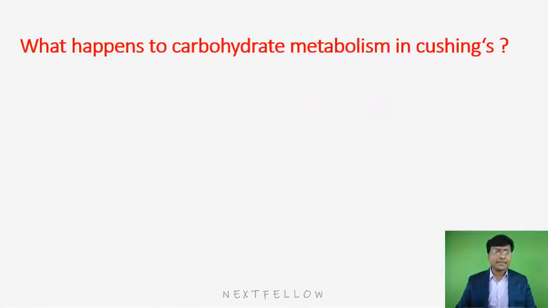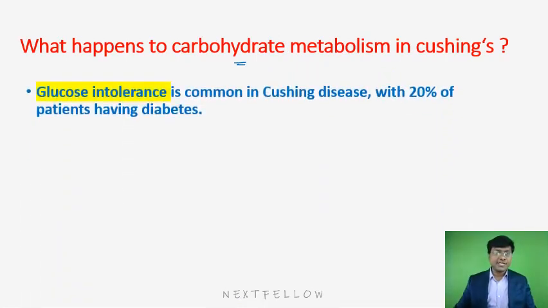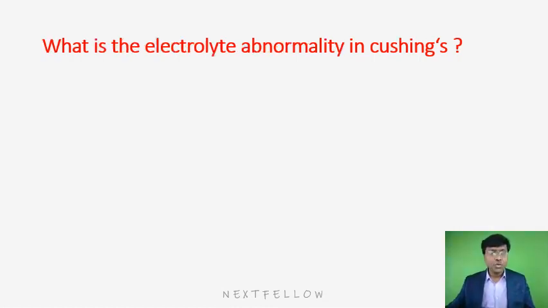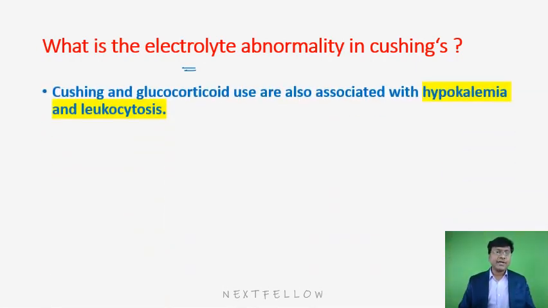Now, what happens to carbohydrate metabolism in Cushing's? Let me tell you, these individuals will have glucose intolerance. These steroids will increase hepatic gluconeogenesis, due to which there will be glucose intolerance in patients with Cushing's. Then, what is the electrolyte abnormality that will happen in Cushing's? They will have sodium and water retention, and there will be potassium excretion resulting in hypokalemia.